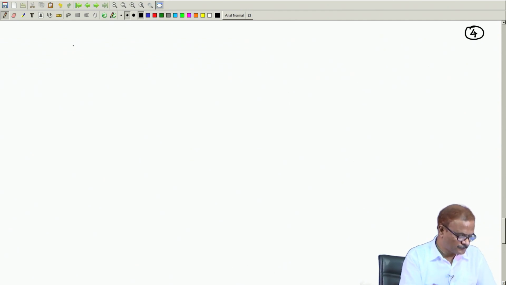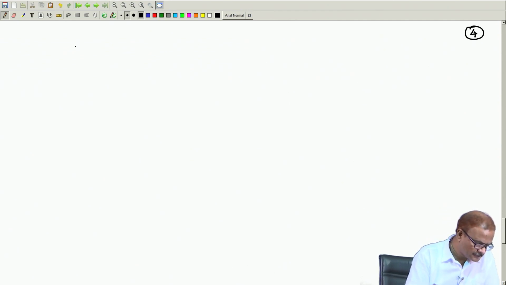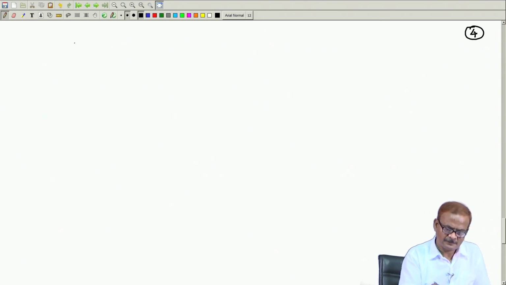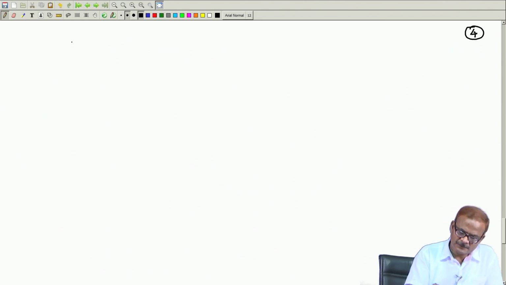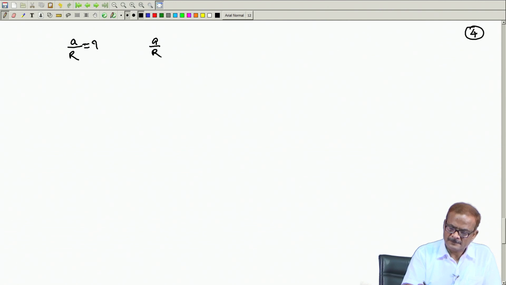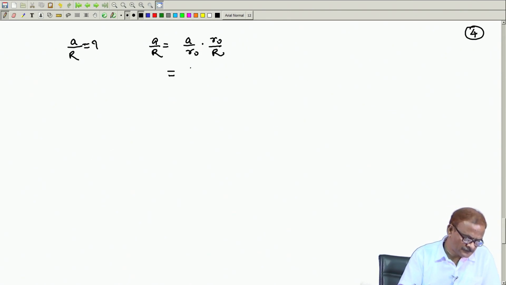Okay, the other things in the question were to determine a by r. So, the question was also finding a by r, how much this will be. We have a by r 0 already as 5 by 3, and r 0 by r is given to be 2.